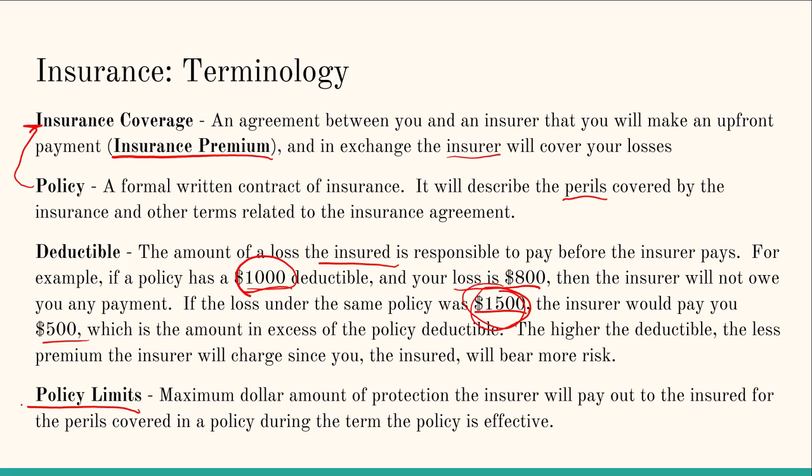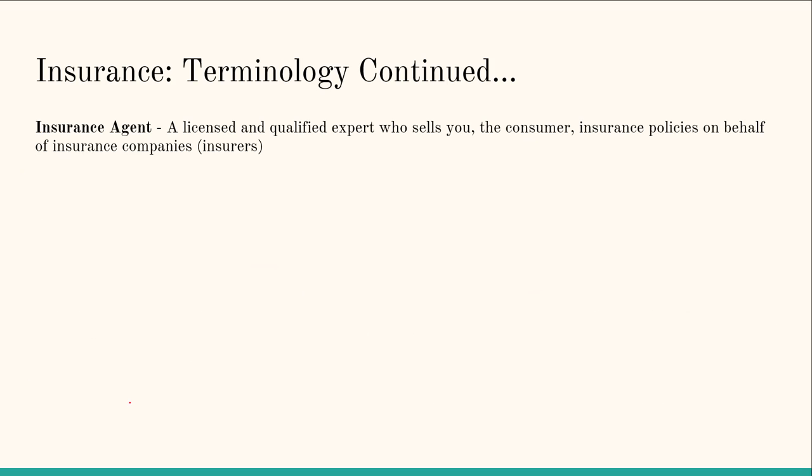It might be $1 million or $2 million. So for that $1,200 in premium, you don't have unlimited coverage. It's pretty high, and it's unlikely that you're going to hit the limit, but the insurer will only pay up to whatever it is, $1 million or $2 million per year. The insurer in that way is capping their loss at some limit. Okay, so let's keep going.